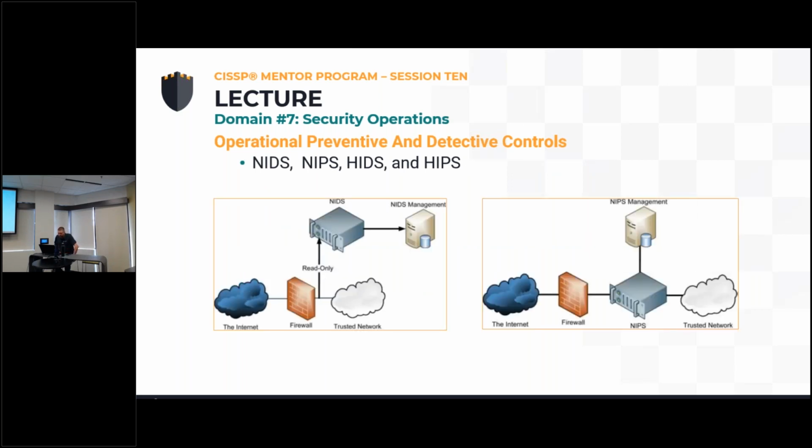There are some examples and some graphs. So you can see, the NIDS, the network intrusion detection, is sitting there behind the firewall. You've got the tap on the traffic between the firewall and the trusted network, where it's just saying, hey, what's going on? I'm just going to alert on this stuff.